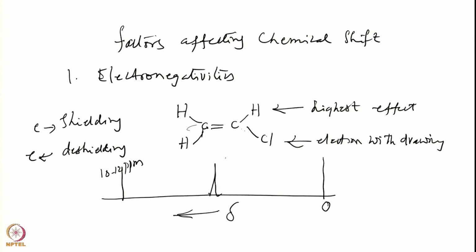The water peak will appear at 4.8 ppm, this is 4.8 ppm. In alcohol CH3, CH2, OH, the OH proton appears somewhere here, then you have the methyls appearing here. So these are the methyl groups, then you will have the methylene groups here, CH2, and you have the aromatics, they will appear here.